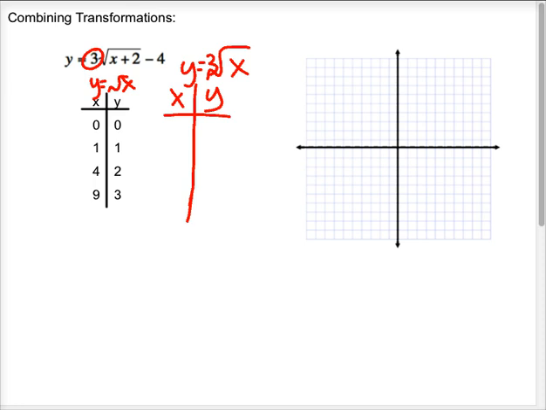I'm going to multiply every y value by 3. Oh, I'm sorry, I wrote that wrong. That should be a 9. Okay, so you make a new table with the stretch, and that is what we're going to plot as our basic function.